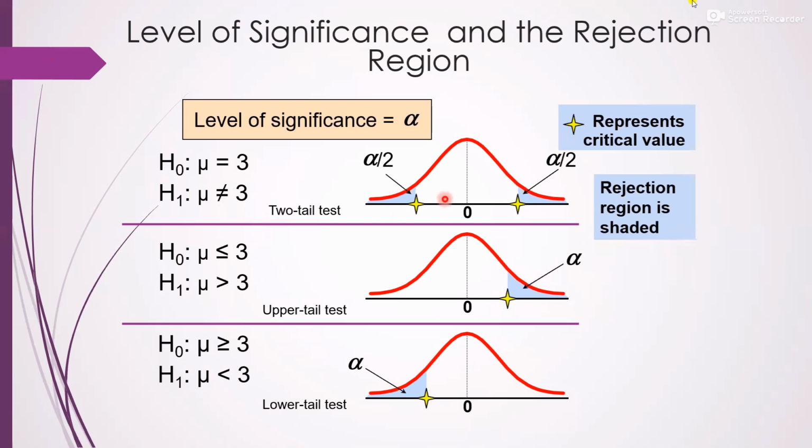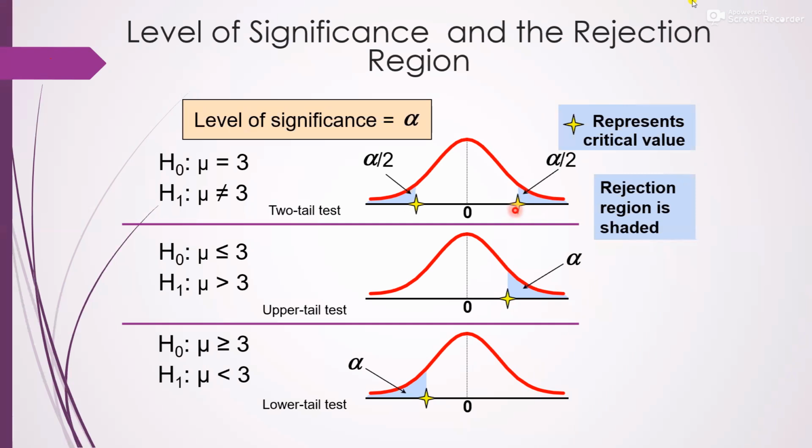There, the level of significance is set as alpha, and it will be shared between the two regions, right? So the two tails will be the rejection regions, alpha by 2 and alpha by 2. The yellow star point indicates the critical value.